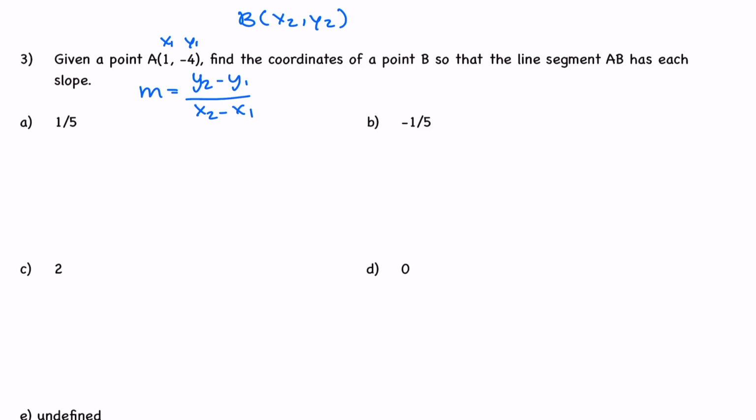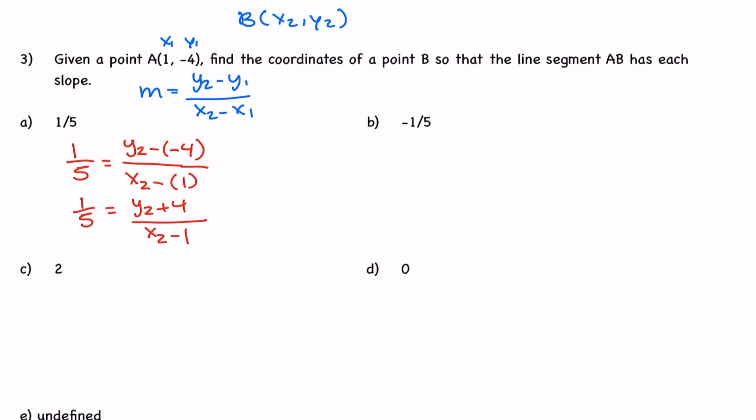So for part A, our slope is 1 over 5. So m is equal to 1 over 5, and that is equal to y2 minus y1 divided by x2 minus x1. But we already know our x1 and y1, so we can plug those in. So from this, we get 1 over 5 is equal to y2 plus 4 divided by x2 minus 1.